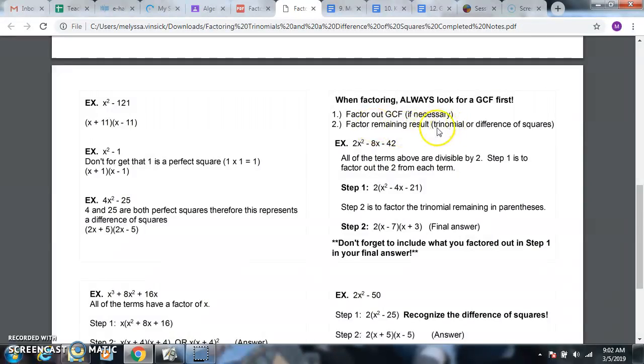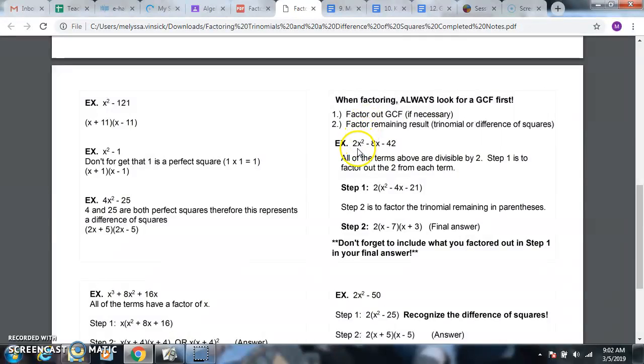It might be a trinomial that you have to factor further. It might be a difference of squares. Or maybe what's left doesn't factor further at all, and then you're done after this step number 1, which is perfectly possible. So you have some options with these ones.